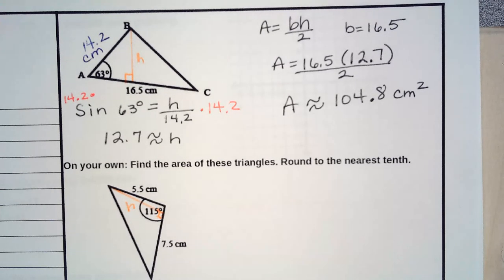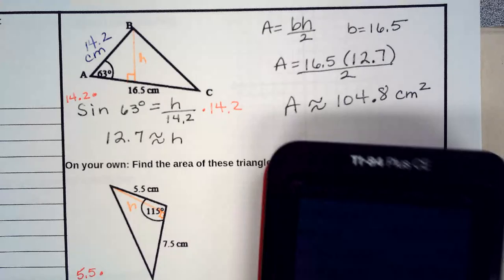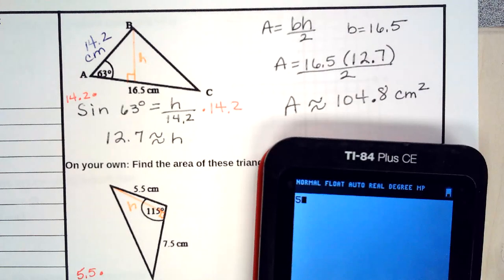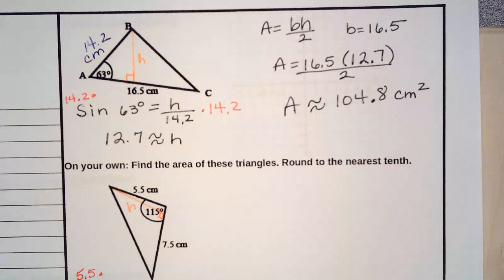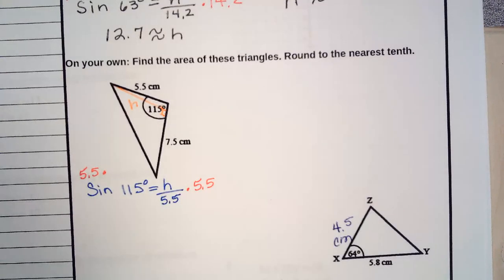Multiply both sides by 5.5. 5.5 times the sine of 115 degrees, and I end up with 4.98, which would be approximately 5. So h is about 5.